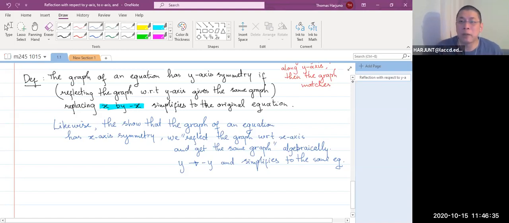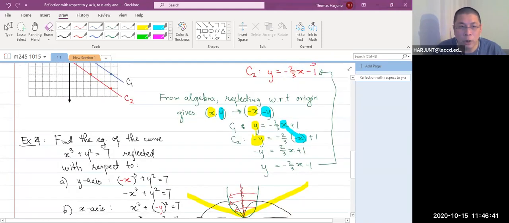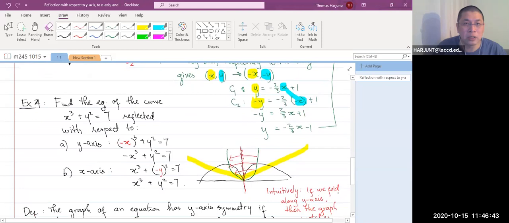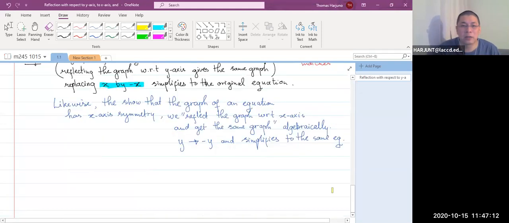Now, let's look back here. Notice that this equation in example 4, when you reflect that with respect to the x-axis, you get the same equation. Do you notice that? Then they must have x-axis symmetry.